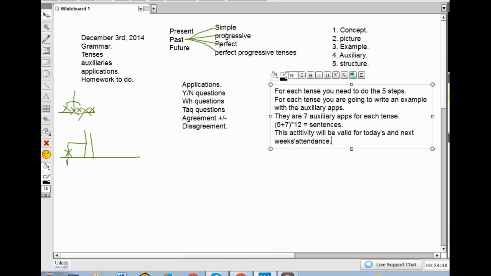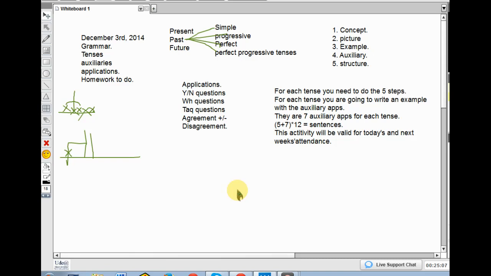Remember that the attendance has a point, because it means that you are participating. Let's say not attendance, let's say participation. Okay. You can deliver this activity for next week. Yes, you have until next Friday to deliver all this activity.